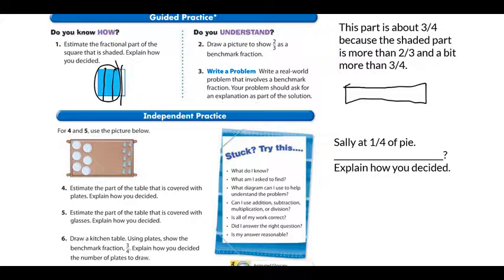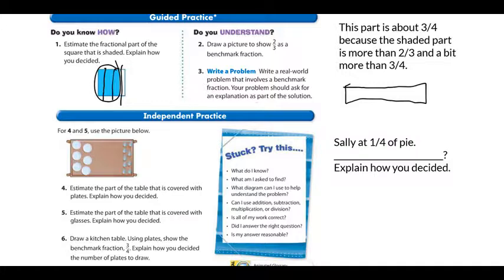Okay, so look at number 4. I'm going to help you get started on number 4. And it says, for 4 and 5, use the pictures below. So we've got this table with plates and glasses on it. Number 4 says, estimate the part of the table that is covered with plates. Explain how you decided. So looking at this table, if I'm just looking at the plates right now, not the glasses, it looks like maybe thirds.